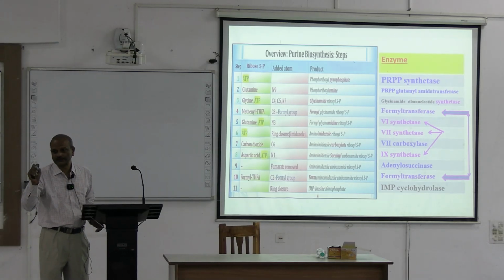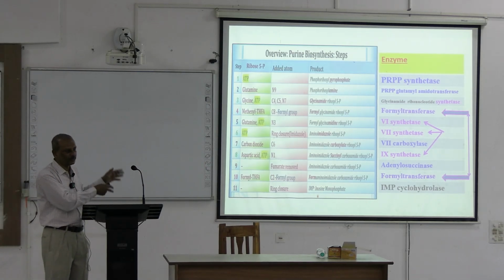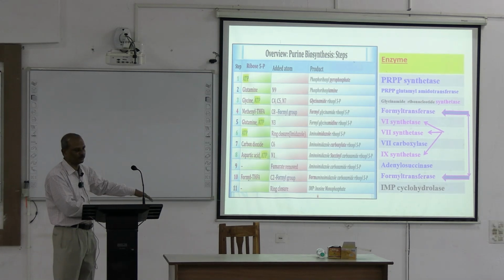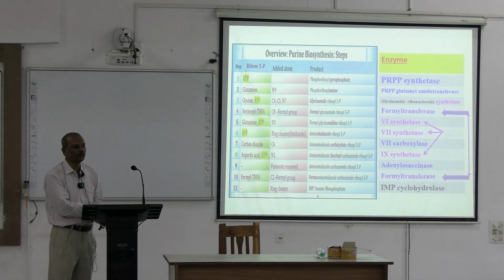But in this stage, you will find the name of ribonucleotide. I do not know why it has been given, but ribonucleotide was not formed at all, no purine was formed at that stage. Purine formation will be complete after inosine monophosphate only. So still the name is there. So instead of ribosyl 5-phosphate, you will find the name of ribonucleotide.